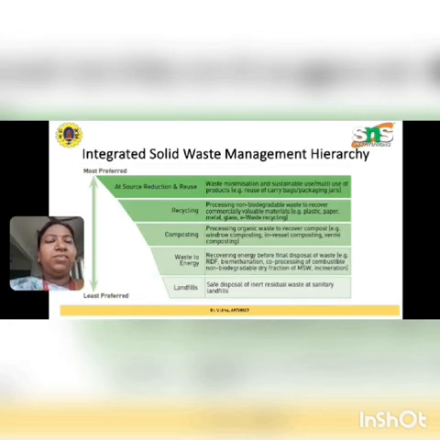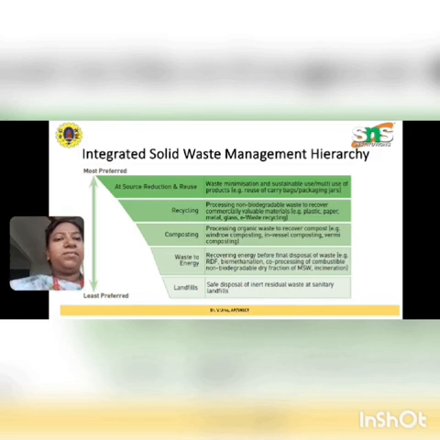To overcome this, we have a hierarchy of integrated solid waste management. First, the most preferred one is segregation at source level and reuse of the used solid waste. Source reduction and reuse means waste minimization and sustainable use, such as multiple use of carry bags or cloth bags.